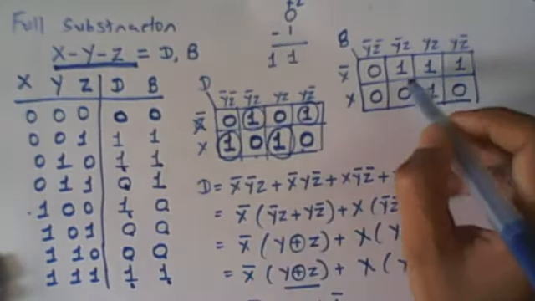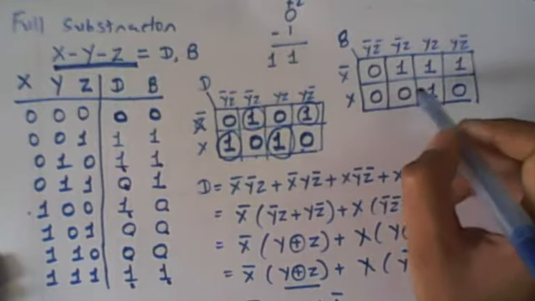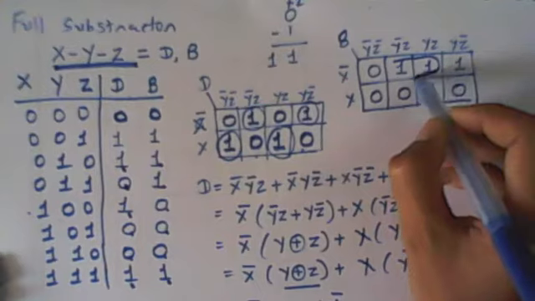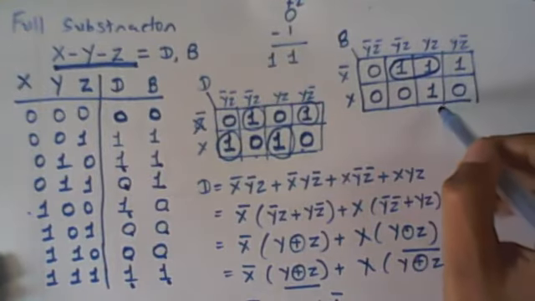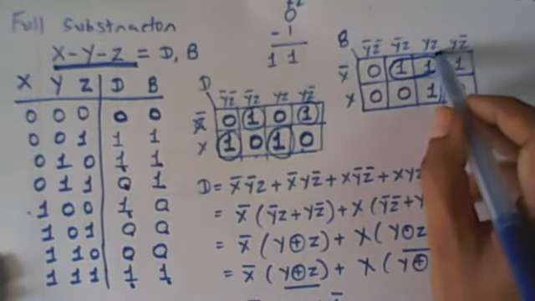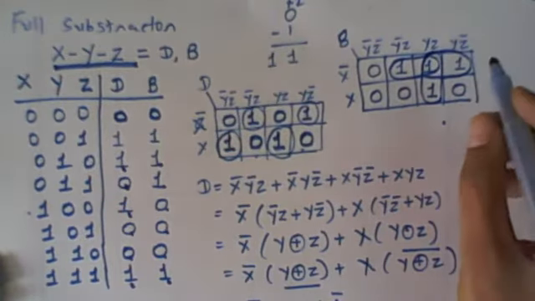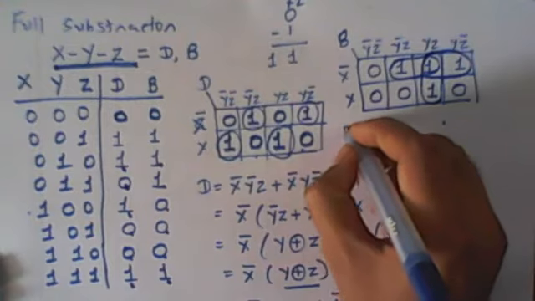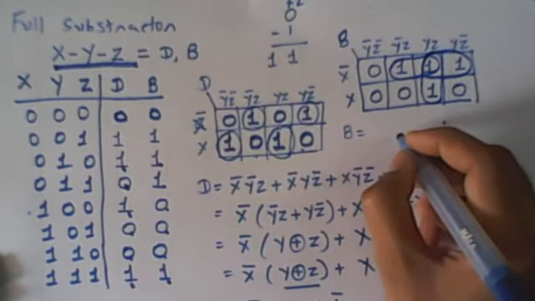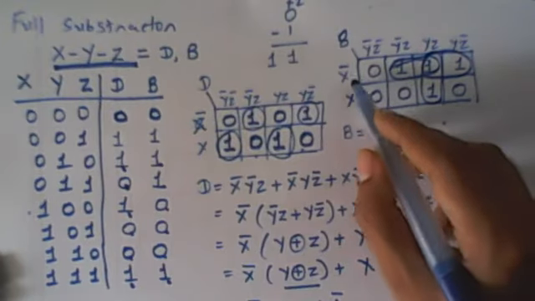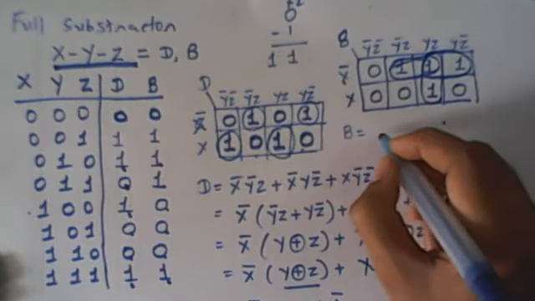Let me prepare the groups. A group of 8 is not possible, a group of 4 is also not possible, but a group of 2 is possible. So let's prepare the groups of 2. Similarly, for this one a group of 2 is possible, and for this one a group of 2 is possible. So the borrow bit has 3 groups, and each is a group of 2. For the first group, the common variables are x bar and z.